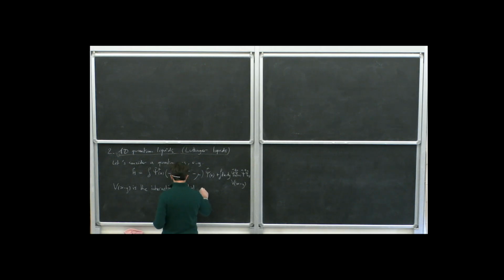This is very important. Short range, so it has to decay sufficiently fast. So the discussion does not apply in particular to long-range systems, or when v of x minus y has algebraic tails, for instance. But as long as it's sufficiently local, for instance it decays exponentially, or it's just a delta function, then it's fine. The case of a delta function is particularly interesting. It has a name, and it's a system that is very close to my heart. That's the Lieb-Liniger model. But the discussion is more general.